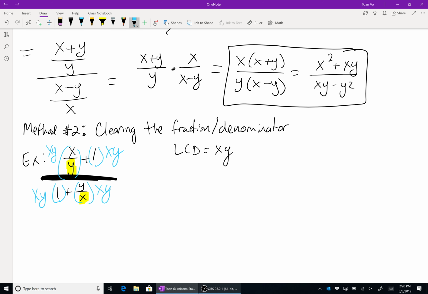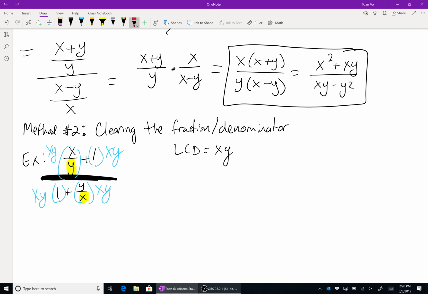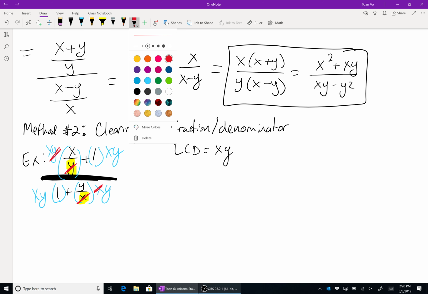The reason we do that is because we're using an LCD, the least common multiple of the denominators, so every factor of the denominator should be there, meaning all the denominators should cancel out. Hopefully we can see that in the top left term, the y's are gone, and in the bottom right term, the x's are gone. Once you have canceled all the denominators, just multiply what's left over.